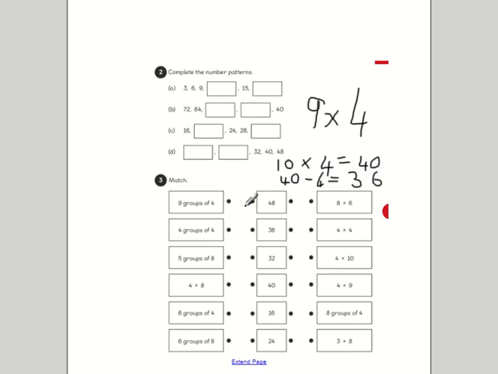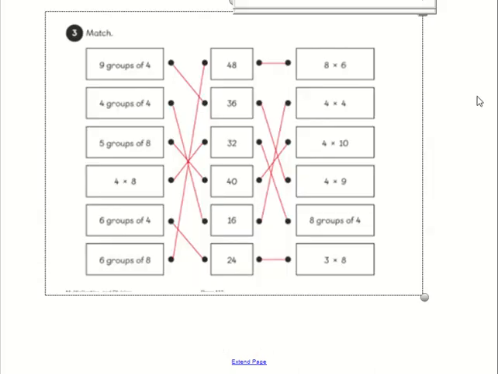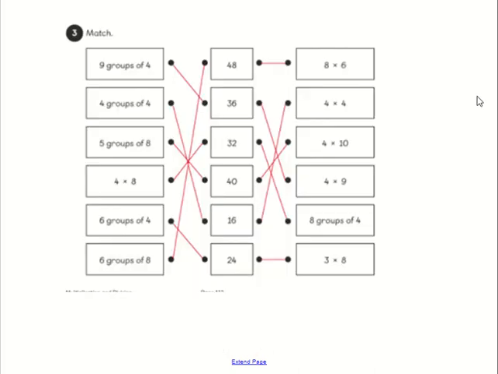So I'm going to join to 36. Have a go at that question now for me and see how you get on. Okay, here are all the answers for you, and I'm going to read through all the answers at the end, but you can check your answers now if you would like to.